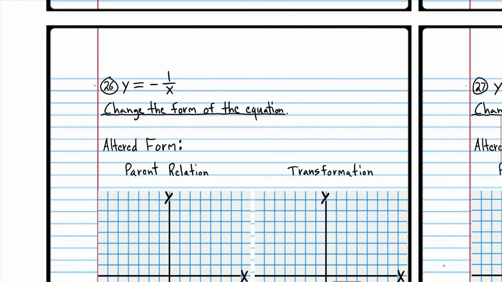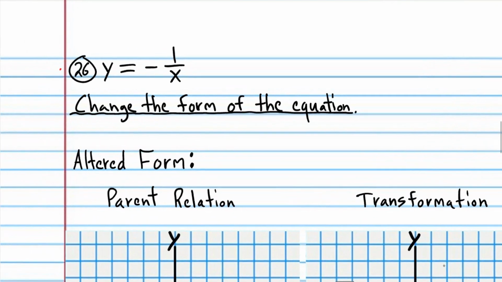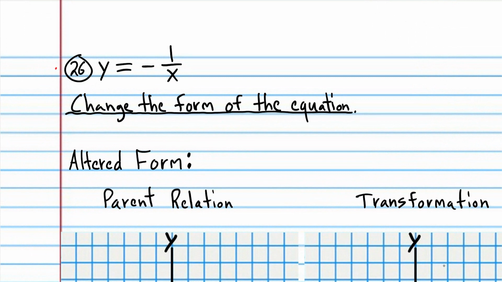Okay, now we have kind of a special situation here. You know that when you write a negative on x, you reflect across the y-axis, but it doesn't seem like we have that situation here. But remember, if you have a negative symbol on a fraction, you can write it in the denominator, or next to the fraction line, or in the numerator.